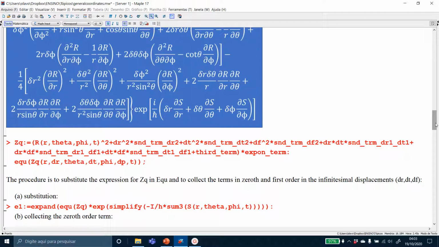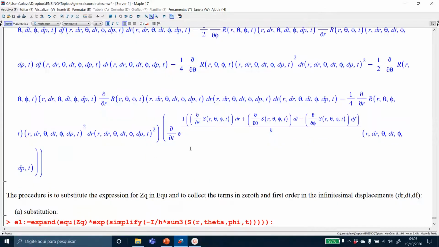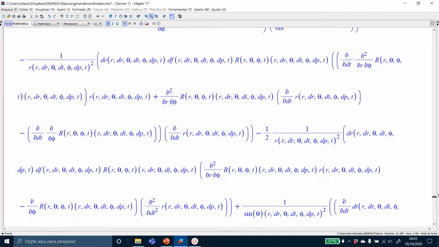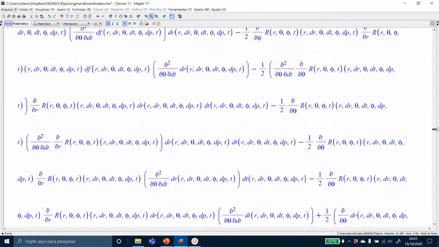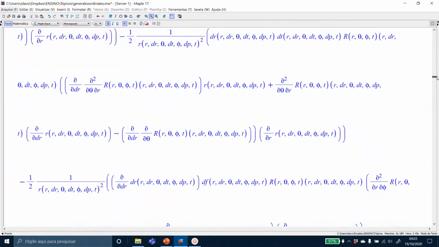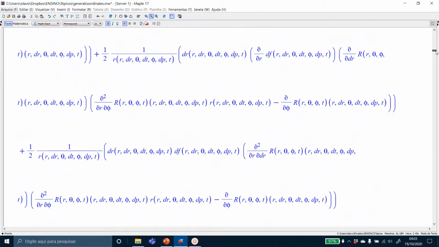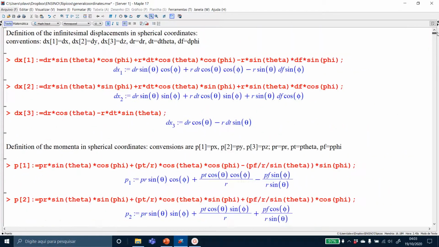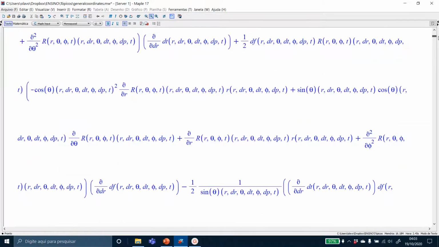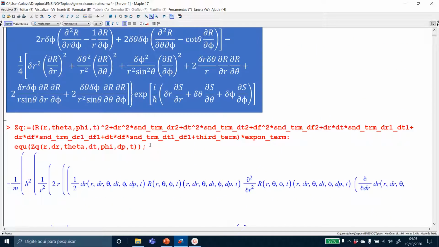Maple is then calculating. Look at the extent of the calculations. You see? This is what we get when we do the substitution of the characteristic function in its equation.